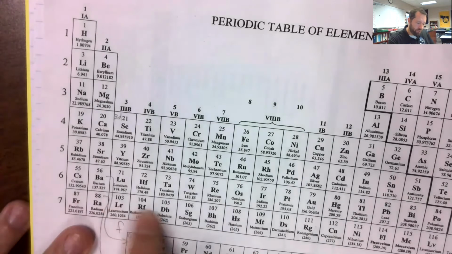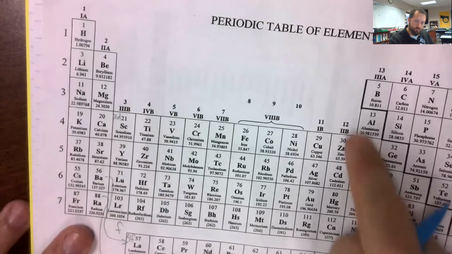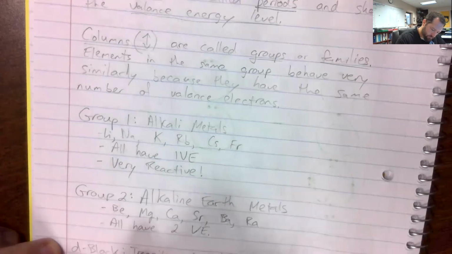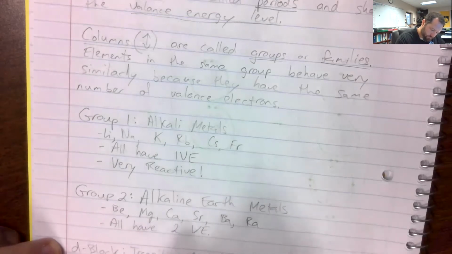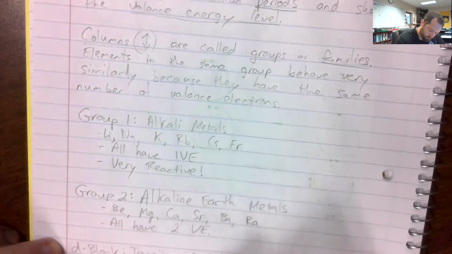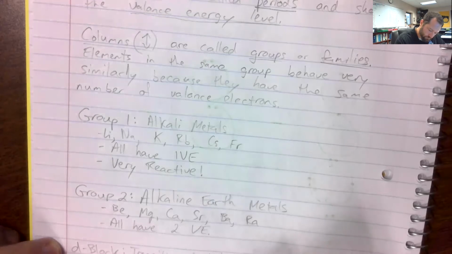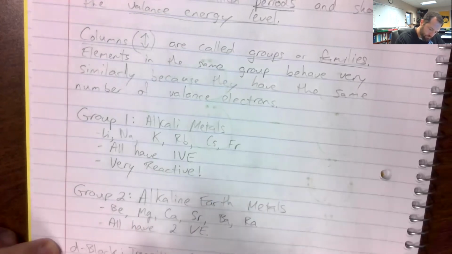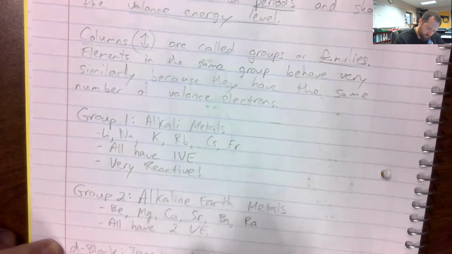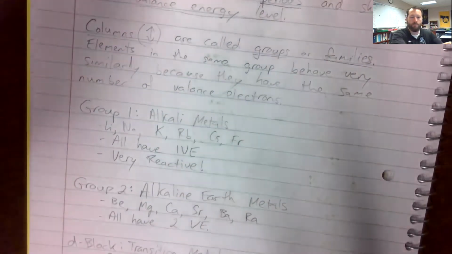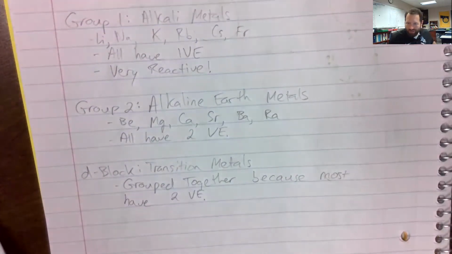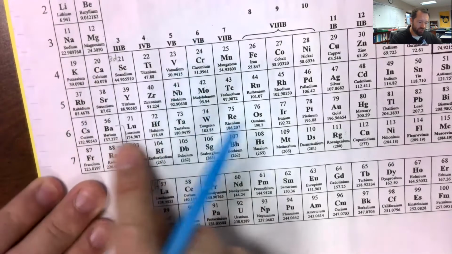All right, next up, all of D block. These are considered transition metals. And then we group them together because generally they all have 2 valence electrons.